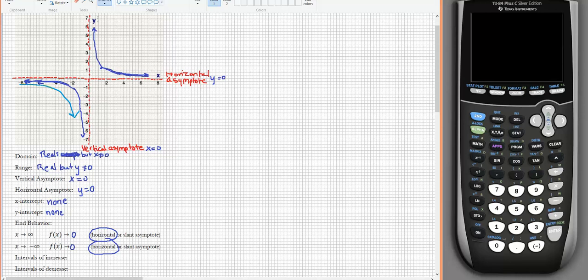And over here as well, it starts here, but then it starts to go down. So there are no intervals of increase, but we do have intervals of decrease. From negative infinity all the way up to x equals 0, but 0 is not included, the function is decreasing. And from 0 to positive infinity, the function is decreasing.